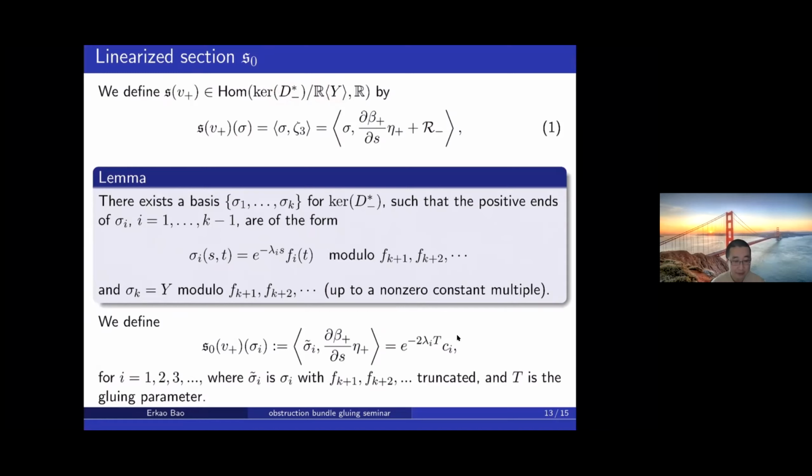So for any element sigma inside this vector space, we take the L2 inner product with the Z3, which was in the previous slides. In other words, if I copy it, this is just this term. So that's the obstruction section, and the lemma is this.